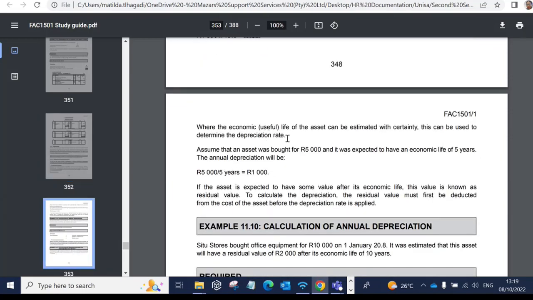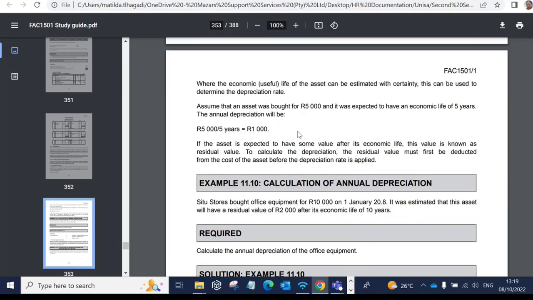Where the economic useful life of the asset can be estimated with certainty, this can be used to determine the depreciation rate. Assume that an asset was bought for 5,000 and it was expected to have an economic life of 5 years. The annual depreciation will be 5,000 divided by 5.